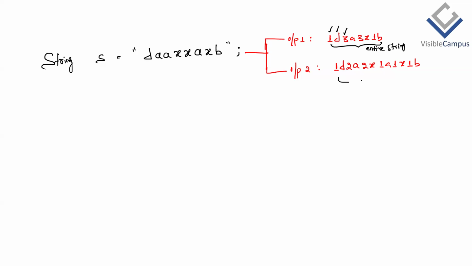But in the second one, only consecutive, means continuously. How many D's are there together? 1D. How many A's together? 2 A's over there. Then 2X. Then again 1A. Then again 1X. Then again 1B. Your logic has to be generic. So this is the question.